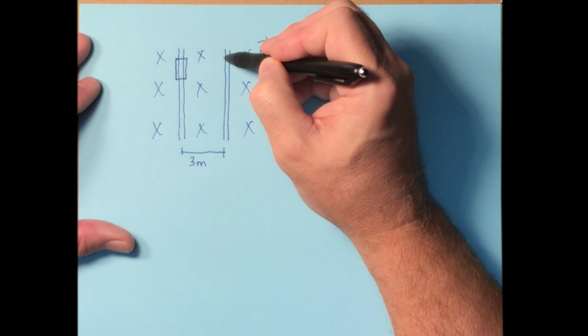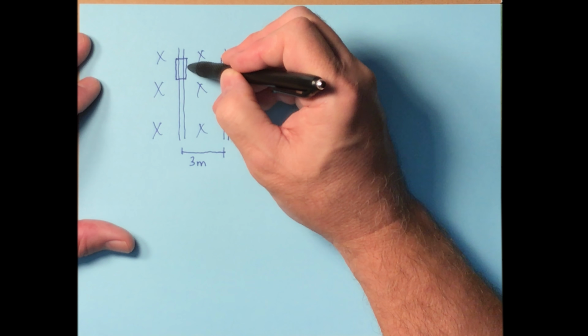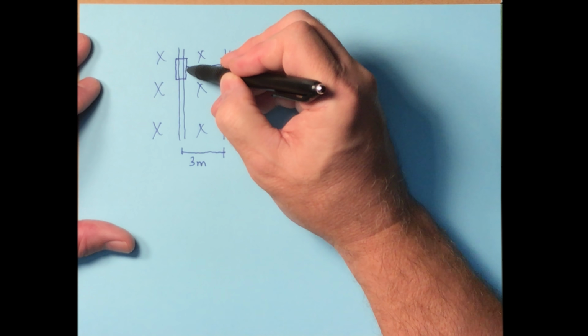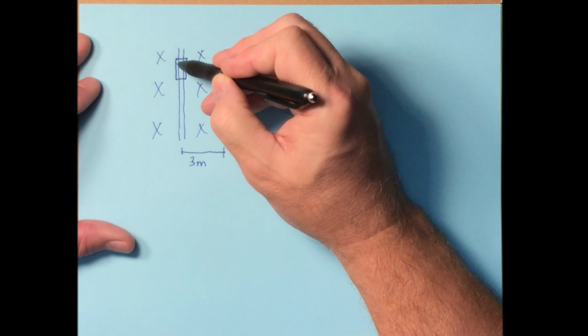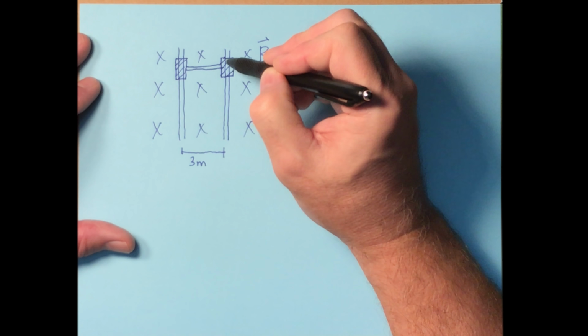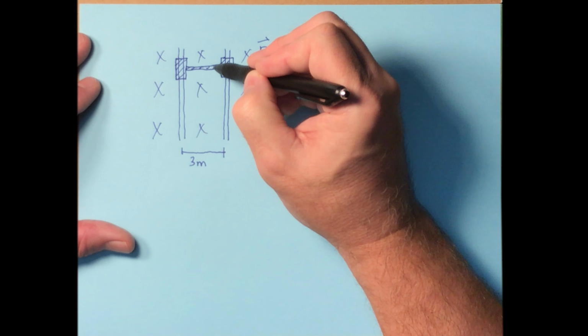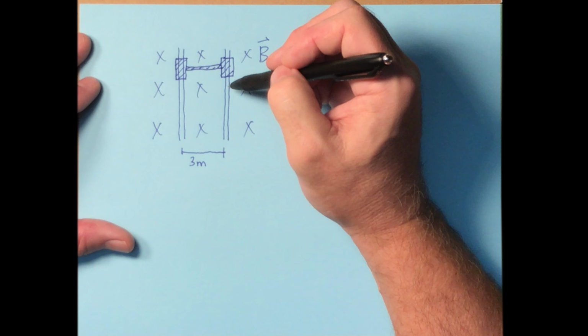There's the wheel, there's another wheel, and then we have an axle going across here. So this is one wheel there, this is the other wheel there, straddling the rails, and then this is the axle. And all of these are conductors.